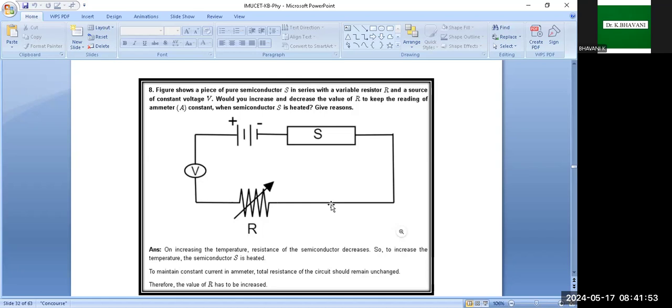On increasing the temperature, the resistance of the semiconductor will decrease. So to maintain the constant current in the ammeter, the total resistance of the circuit should remain unchanged, so the value of R has to be increased.